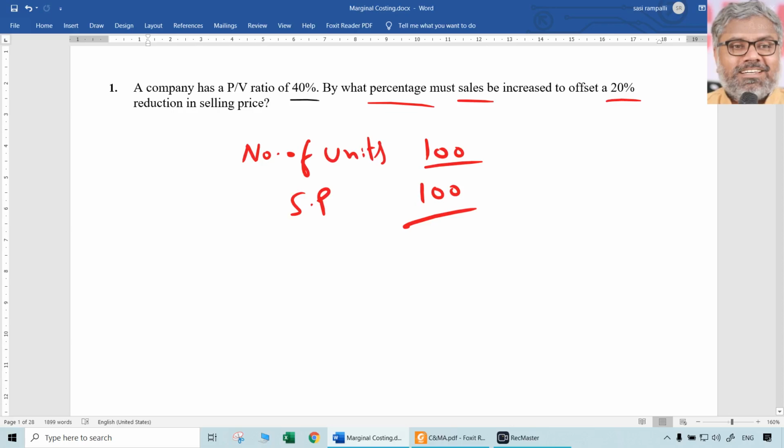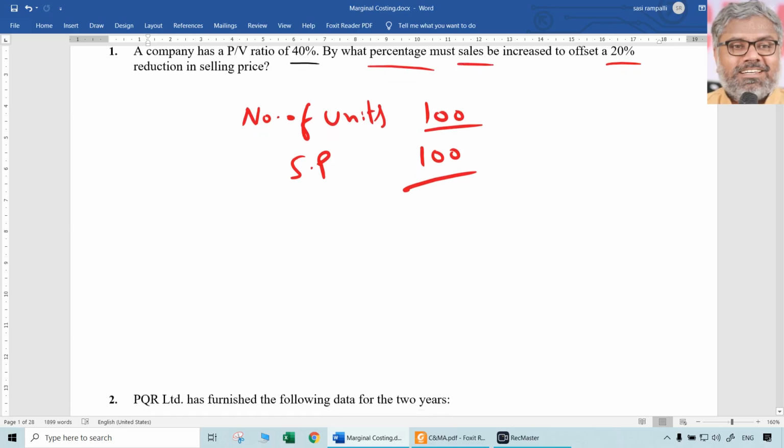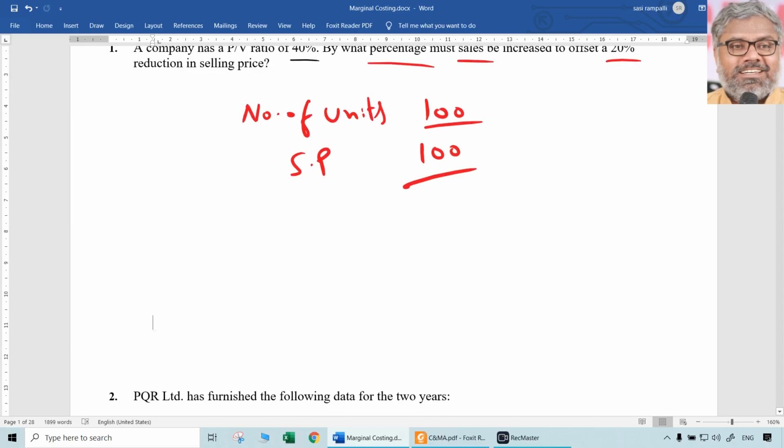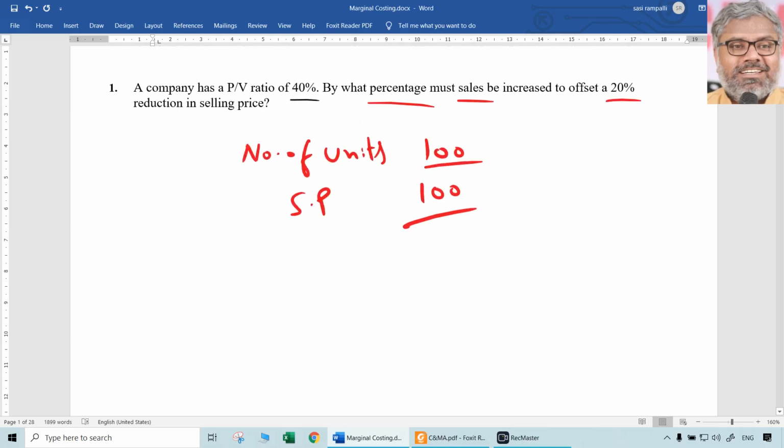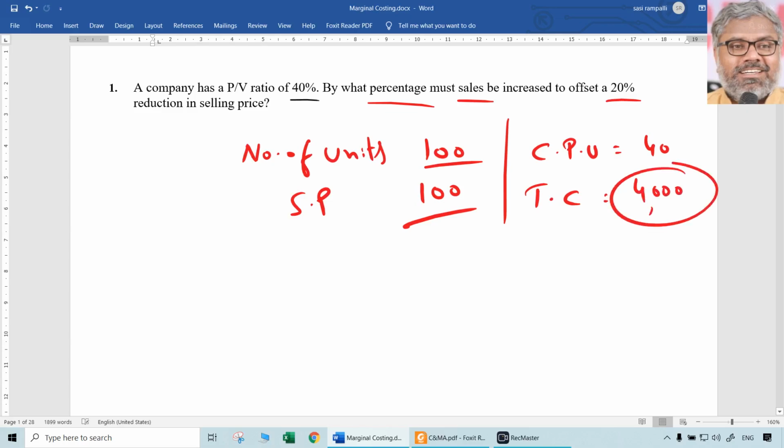That means what is the contribution? Since PV ratio is 40%, naturally contribution per unit is going to be 40 rupees, and total contribution is going to be 40 into 100 units, that is 4,000 rupees.